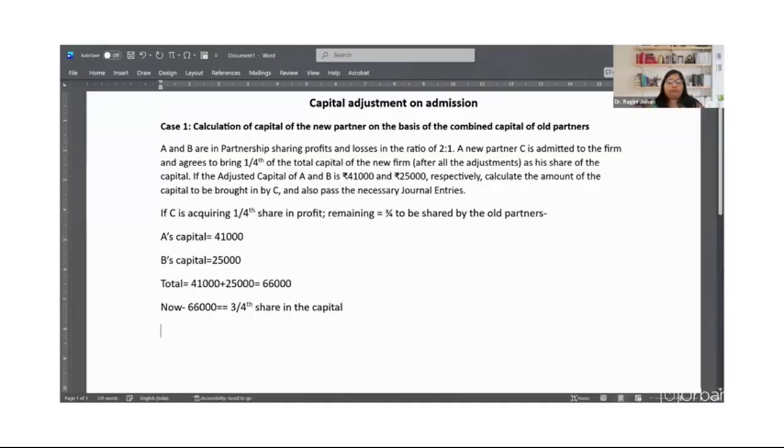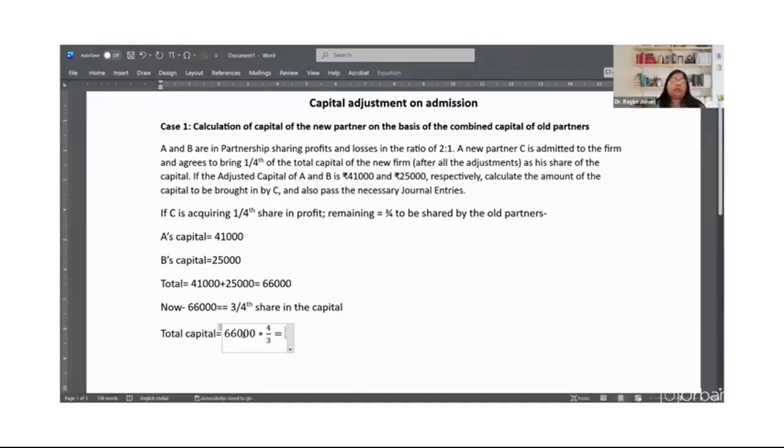Basis this, what should the total capital be? The total capital can be calculated as 66,000 multiplied by, if we reverse this proportion, 4/3.